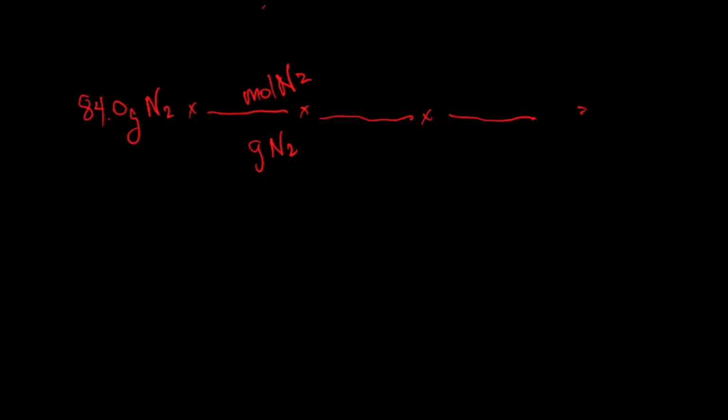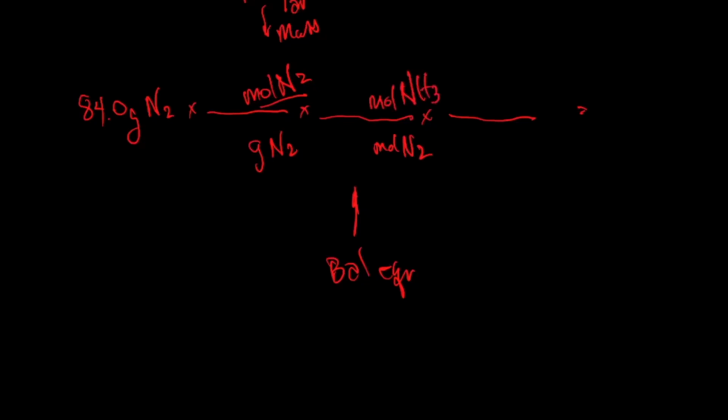Then this is my molar mass. And then the second is my balanced equation. And you see this right here? Moles of nitrogen has got to be in the bottom. Moles of ammonia, therefore, is going to be on top.